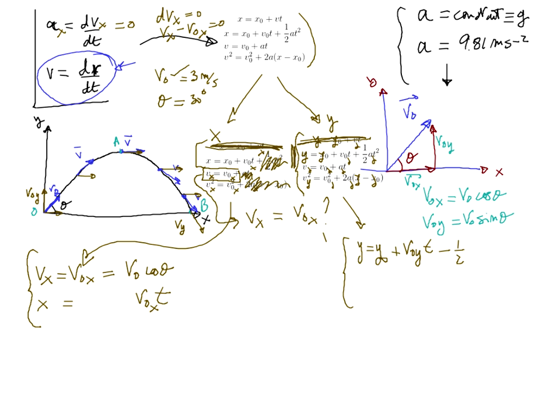Negative 1/2 gt squared. So same as before. Nothing new under the sun. The only new and very important thing is the subscript. We need to keep track of our subscript. That is, this v is not the same as this v. Those are x's, those are y's. So we cannot mix them up.